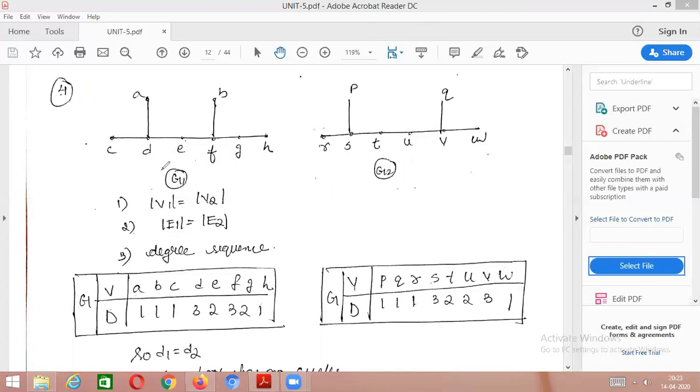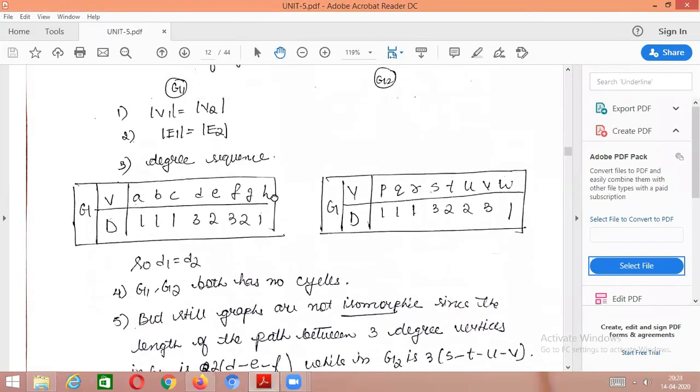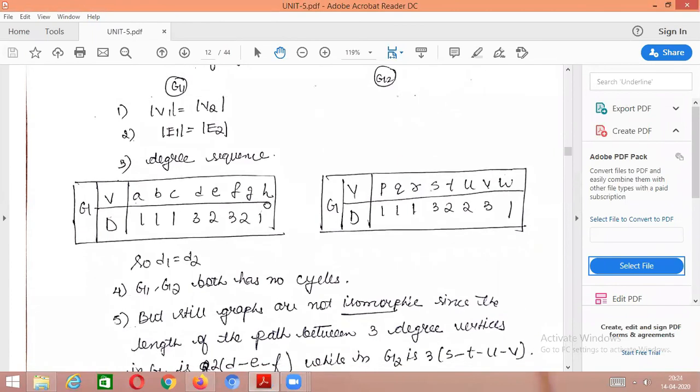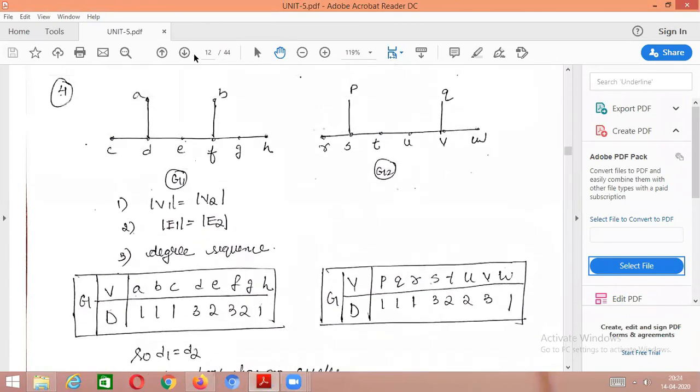For example, there is one path. Every property has to be the same. So when you come to the one path here, there is a path D to E, next E to F. When you come to this one, what is happening?